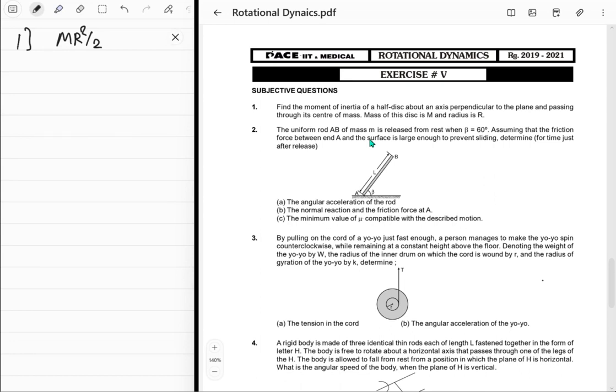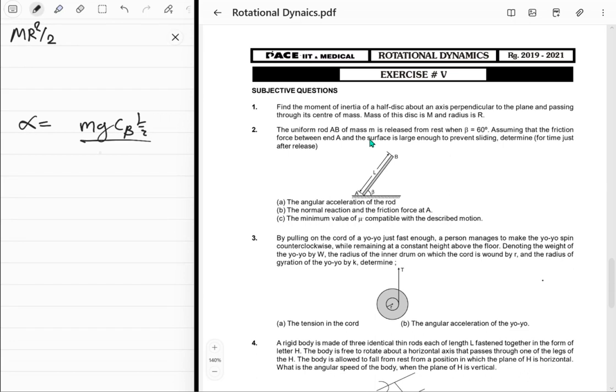So first of all, what is the angular acceleration? It is just mg times L upon 2, but wait a second, actually it should be mg cosine beta L upon 2, right? That's the torque upon the inertia, which is ml squared upon 3.